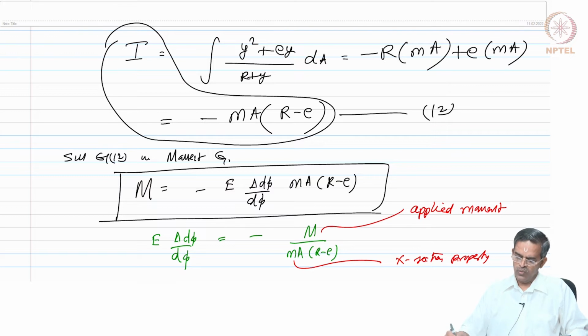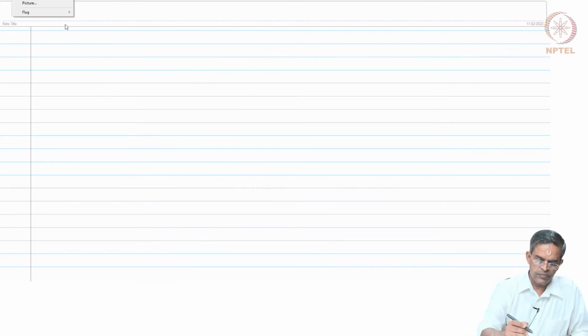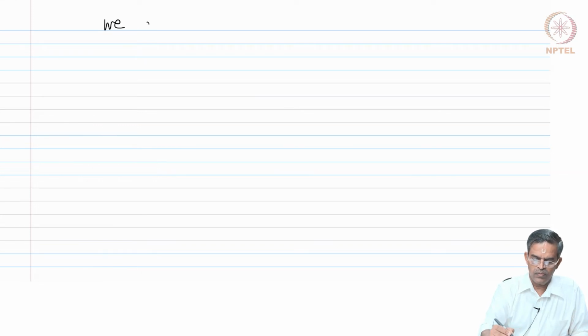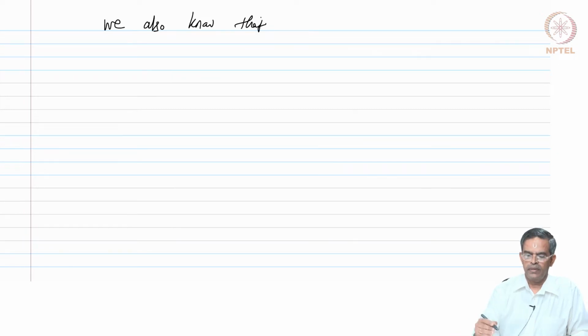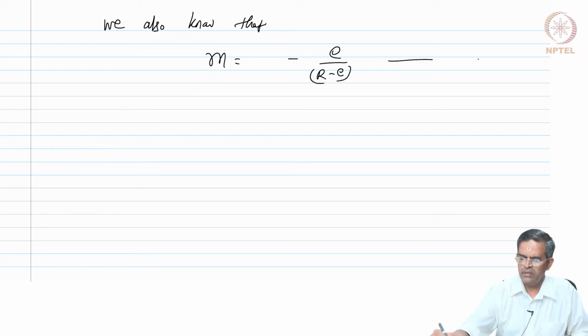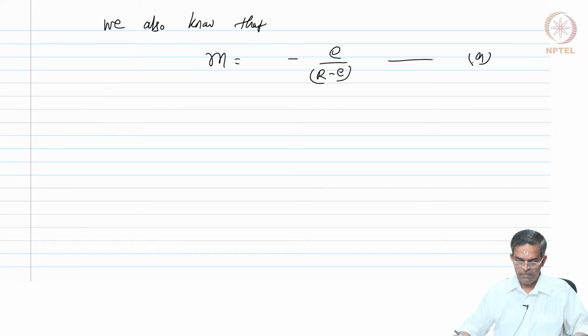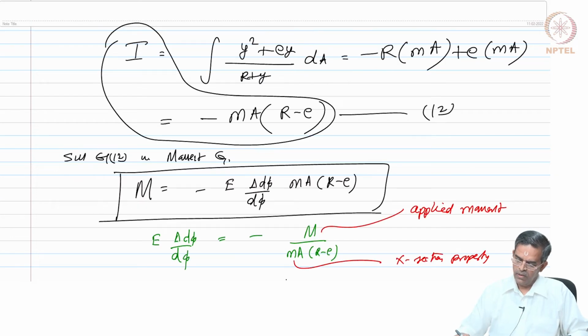We also know that M is given by minus EA by R minus E. I think this was equation number 9, please check that. So, I have MA here, let me substitute that.